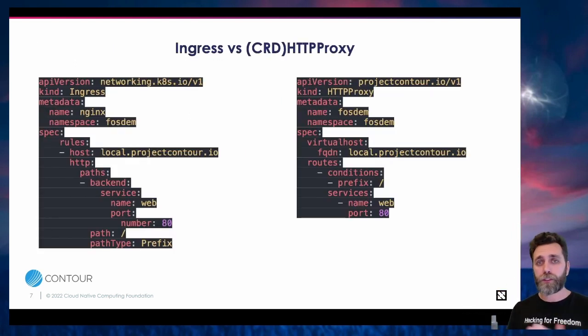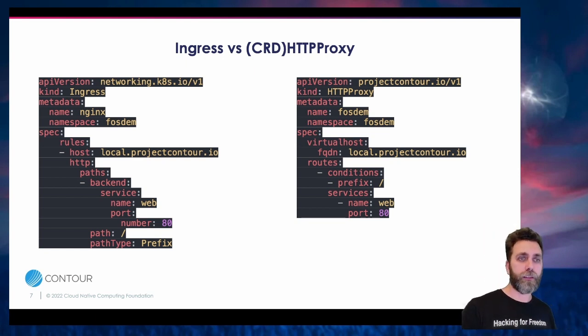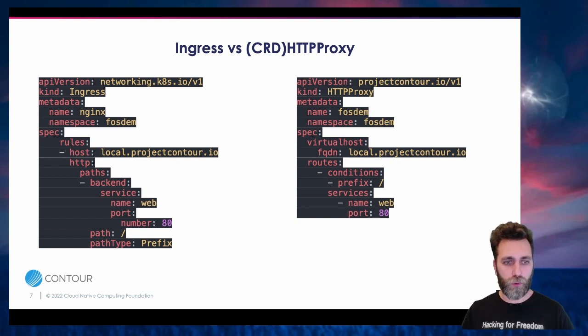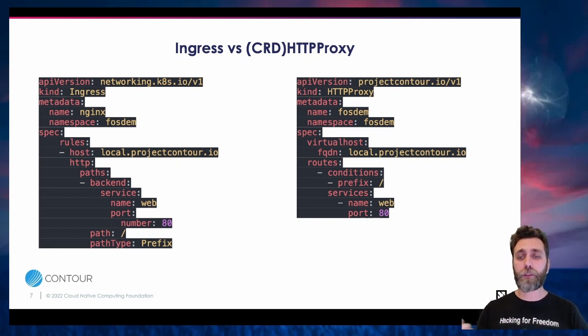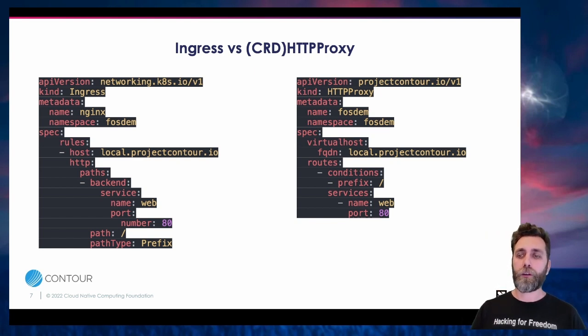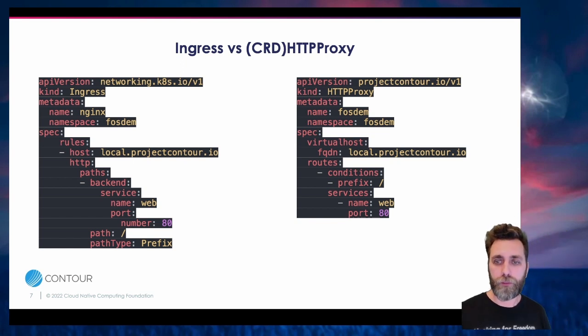So, ingress versus the Contour CRD HTTP proxy. On the left-hand side, you have the ingress, which is a very simple one. In terms of definition right now, you have one host, you have one service, a port, and just one path. That's it. On the right side, you have the Contour HTTP proxy. It's pretty much the same thing, right? A few lines less, but it gives you more functions if you extend that and if you delegate some stuff.